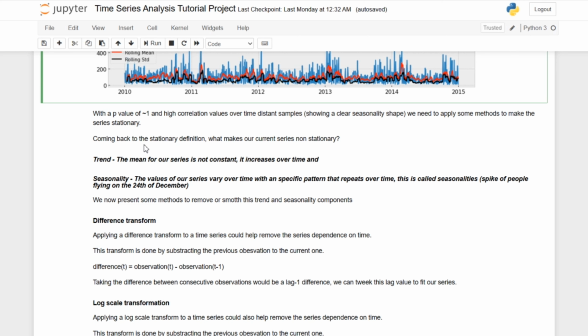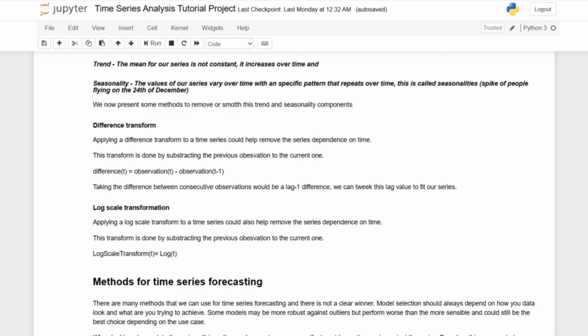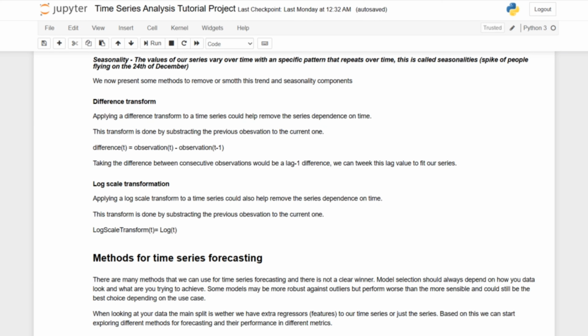In order to remove seasonality components, there are methods like difference transform and log scale transform. I have just written the formula here, guys, to show what these transforms are, but this tutorial does not cover how to remove them, since we do not have seasonality in our data set.